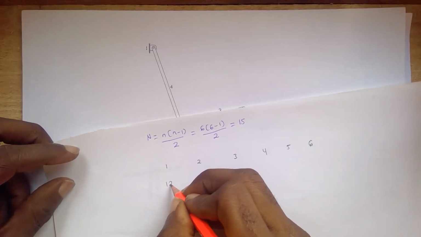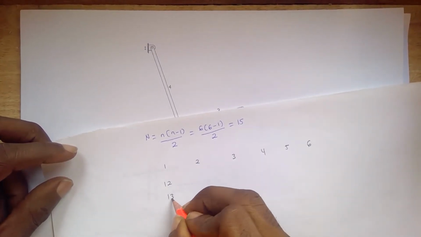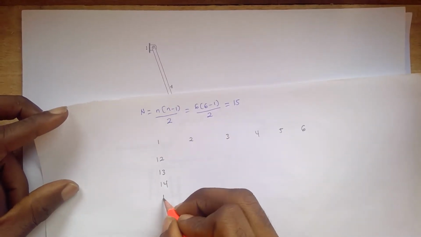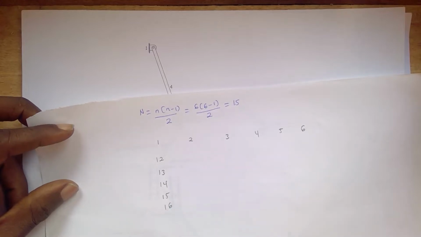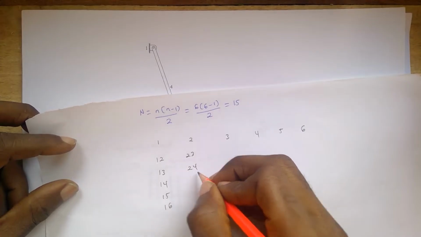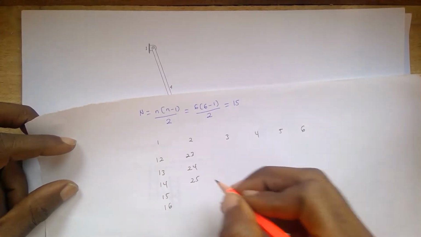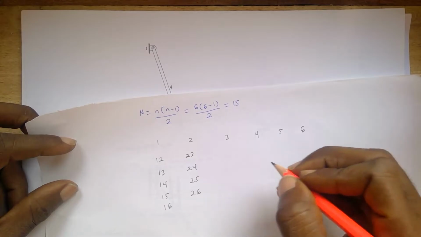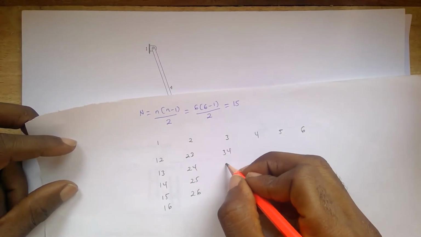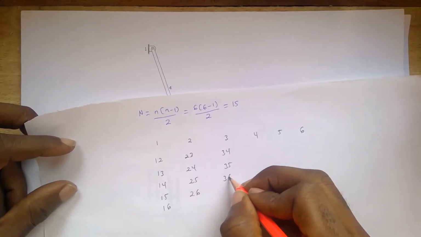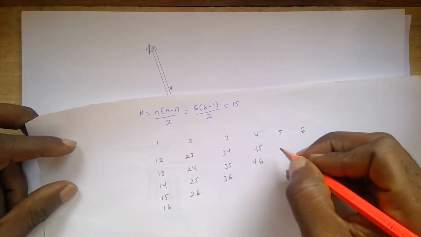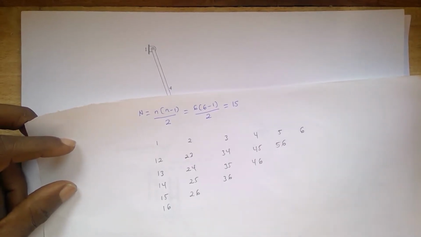I'm going to have 1,2; 1,3; 1,4; 1,5; and 1,6. Then 2,3; 2,4; 2,5; and 2,6. Then 3,4; 3,5; and 3,6. Then 4,5; 4,6; and then 5,6, and that's all.